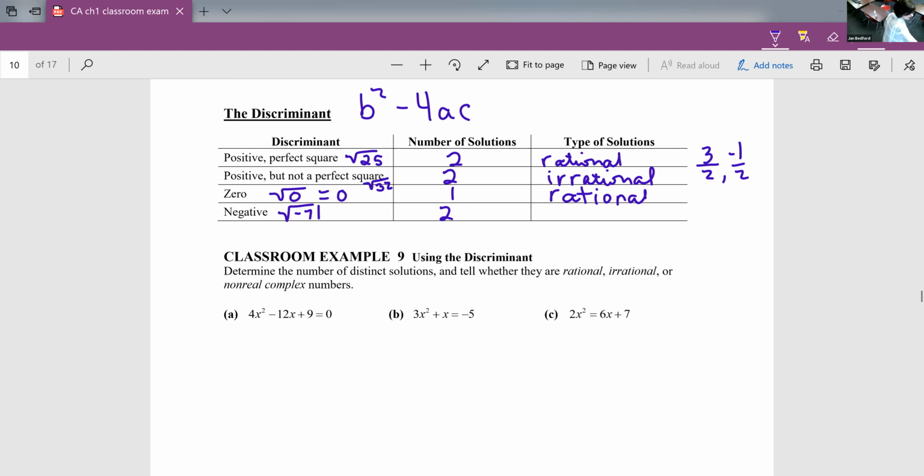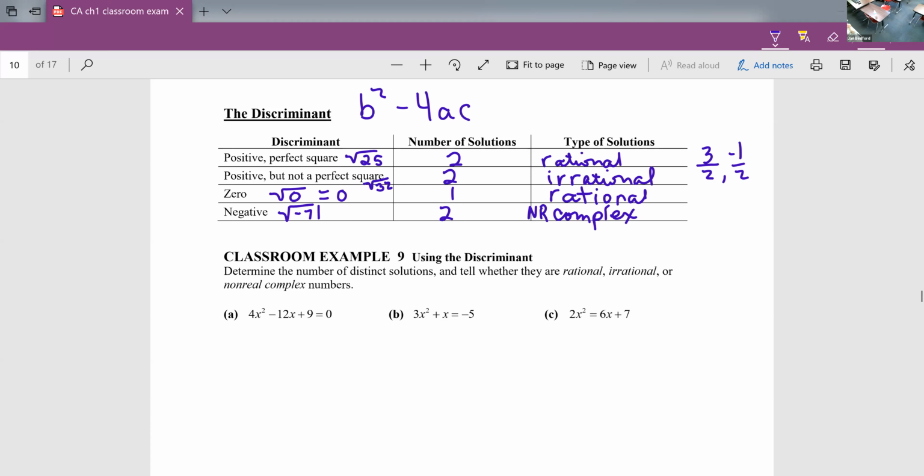Complex. Very good. And it's specifically non-real complex because it means there's an i in it. So if you wanted to put non-real complex, that's more specific than just saying complex.